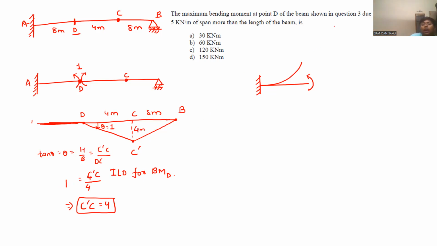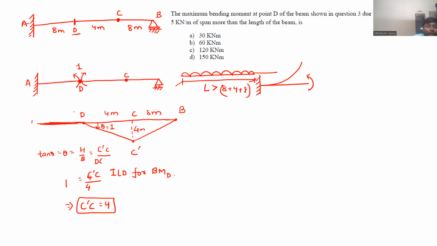Now we need to find the maximum bending moment at point D for the live load of 5 kilonewton per meter, with a span more than the length of the beam. Here, its length L is greater than the length of the beam, that is 8 plus 4 plus 8.